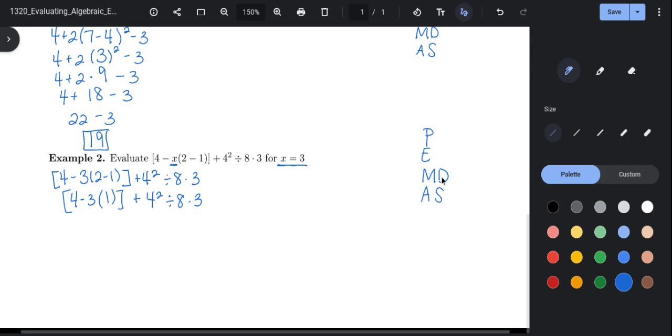So I need to do my multiplication before we do that subtraction. So evaluating 3 times 1, we get 3. And then copying the rest of my expression. And now we have just subtraction left in our brackets. So I'm going to do 4 minus 3 to get 1.